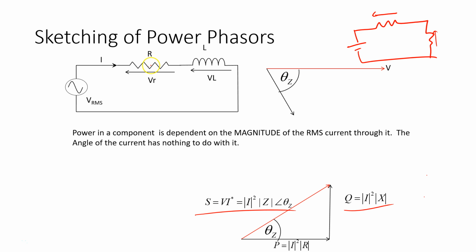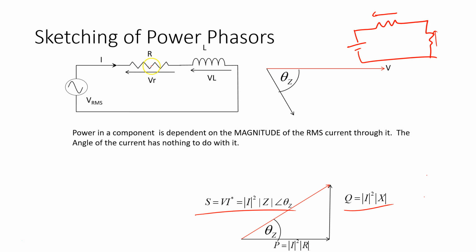So the power dissipated in R will correspond to P, and the power dissipated in L will correspond to Q. So whether I did it that way or I found the total impedance and then multiplied that by the current, I should get the same thing.